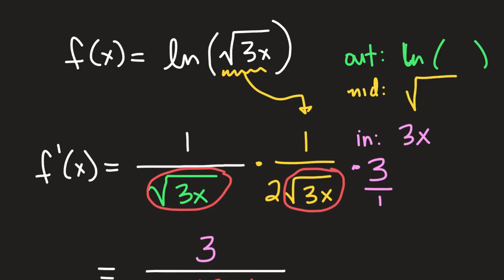Anytime I multiply a radical by itself, I get whatever is underneath my radical. Okay? And I still have a 2 to multiply by. So looking at this, I basically have 3 over 6x. So what can I simplify? The 3 can divide by the 3. So my final answer will be 1 over 2x. Right? So this one happened to have some simplification that can be done.